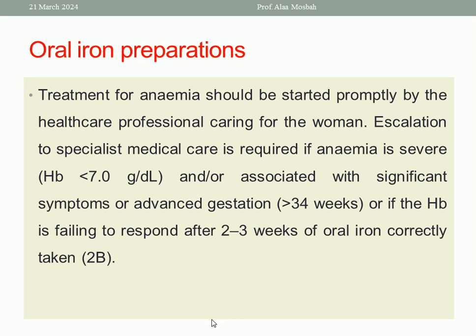Treatment for anemia should be started promptly by the healthcare professional caring for the woman. But sometimes she needs specialist medical care: if anemia is severe, hemoglobin less than 7 gram per deciliter, and or associated with significant symptoms or advanced gestation, more than 34 weeks, or if the hemoglobin is failing to respond after 2 to 3 weeks of correctly taken oral iron.